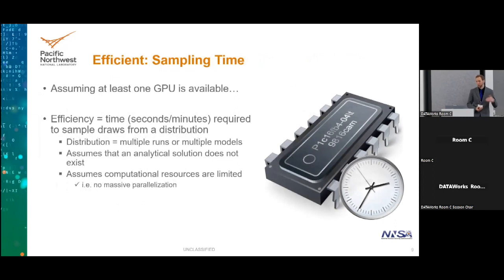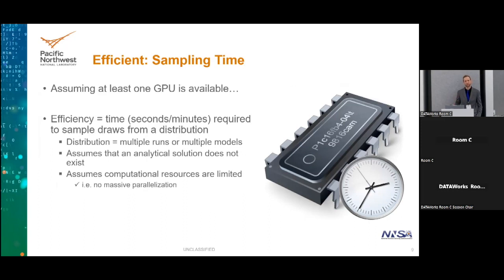All right, so from those four things that we wanted our uncertainty quantification to include, we need to define a metric for each one of them. First is efficiency, and we've put some bounds around this. Obviously, you can always throw more compute at problems depending on where you live, and by live, I mean work.